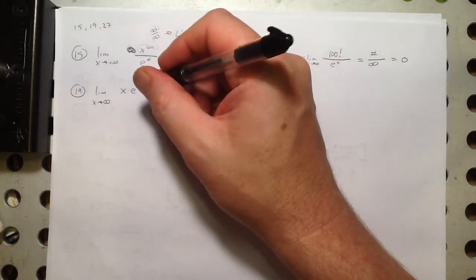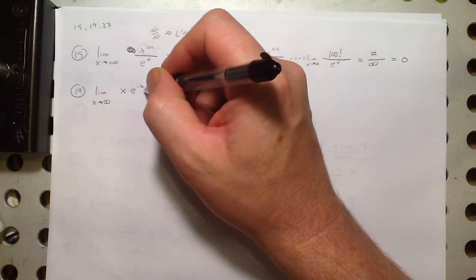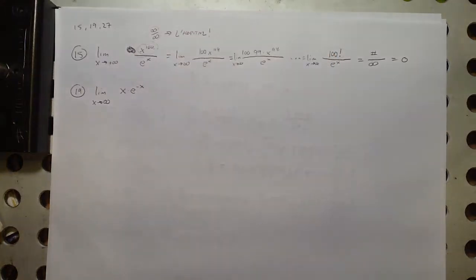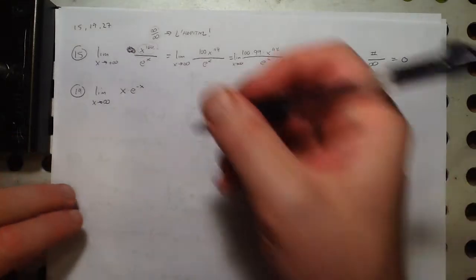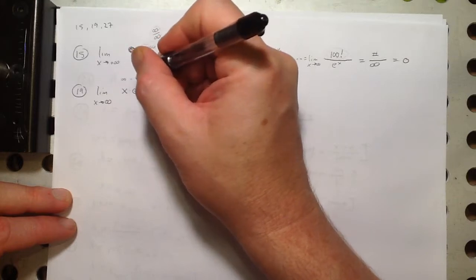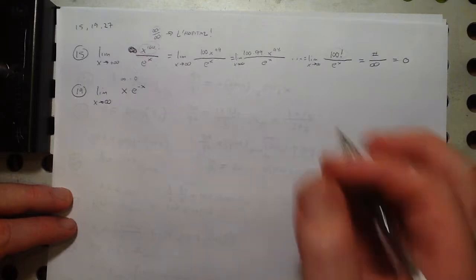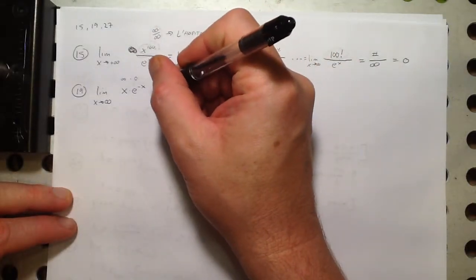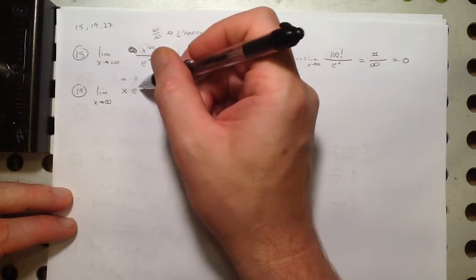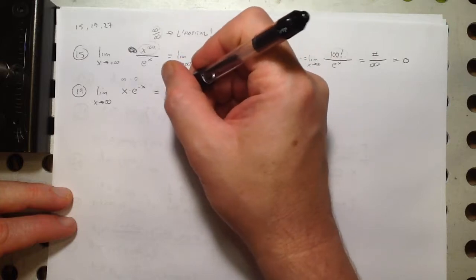E to the negative infinity means 1 over e to the infinity. That's what negative exponents mean. And 1 over some number that's blowing up to infinity is 0. So this is like infinity times 0. So to make this into a L'Hopitalable form, one of these things needs to be rewritten as the bottom of a fraction.